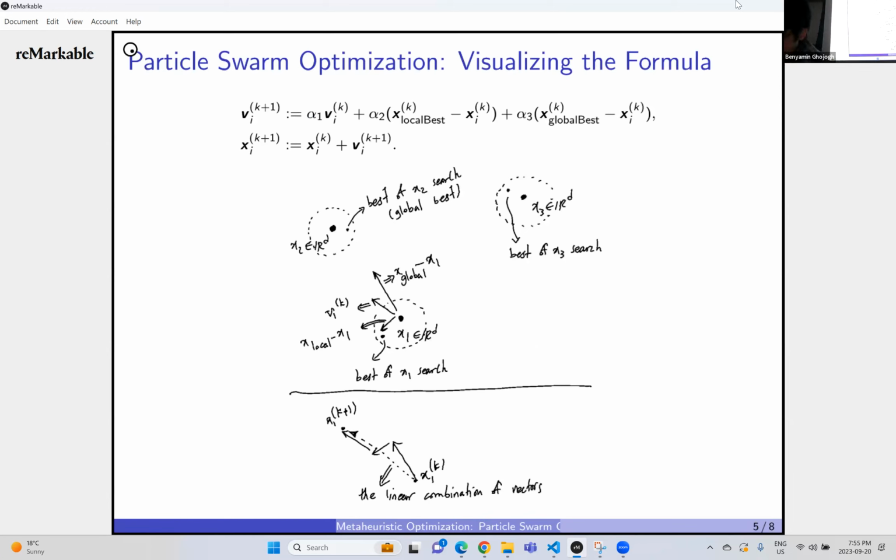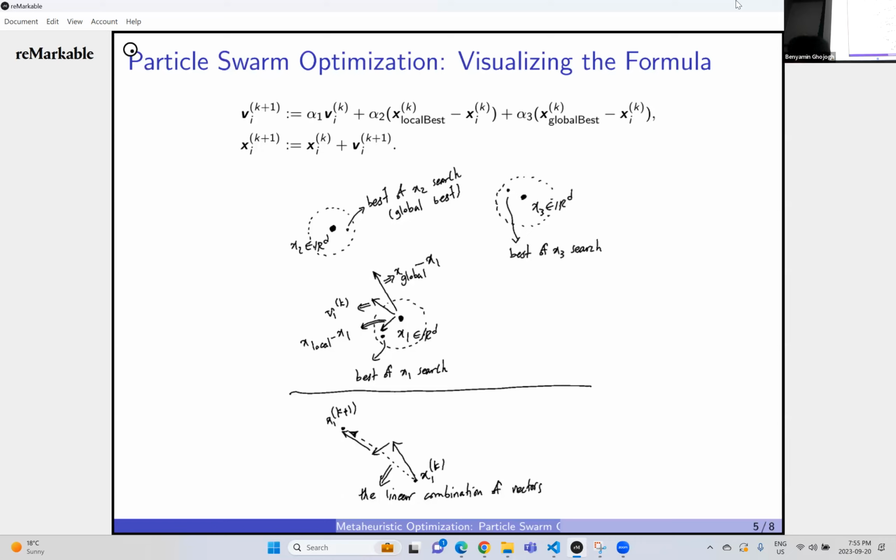Let's see a figure to understand this better. Assume I have these 3 particles, x1, x2, x3. These are the neighborhoods for my search in this iteration. Assume x1 found the best of its search here, then x2 found its best here, and x3, its best is here.